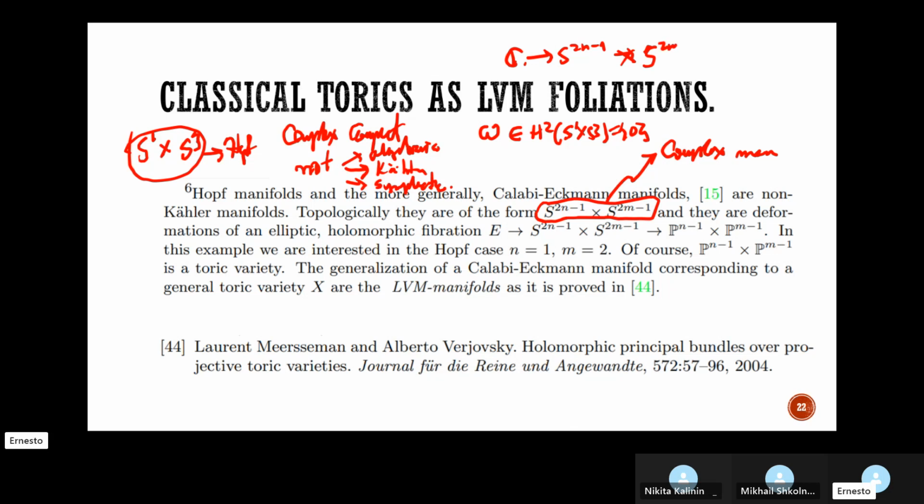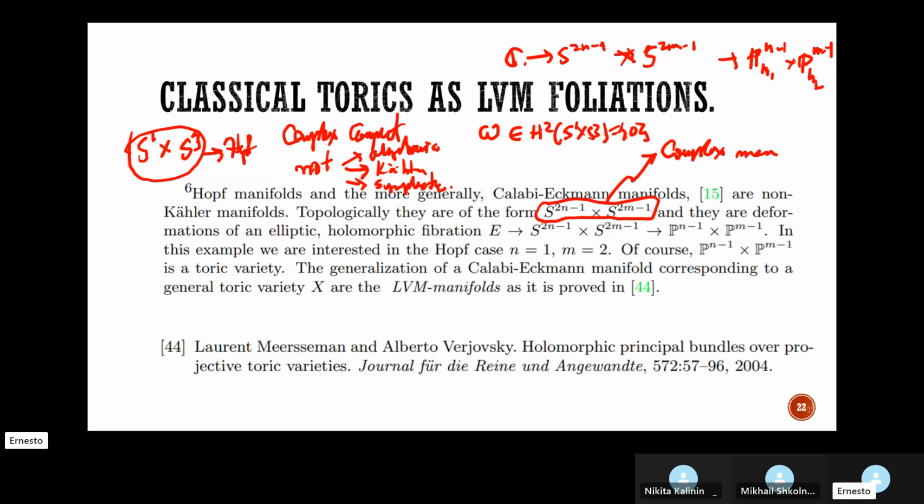But now the quotient will be quantum projective spaces. Of course now the parameter has two h's, h1 and h2. So there are two Planck constants in this deformation. I have two degrees of freedom to deform this holomorphic elliptic fibration.